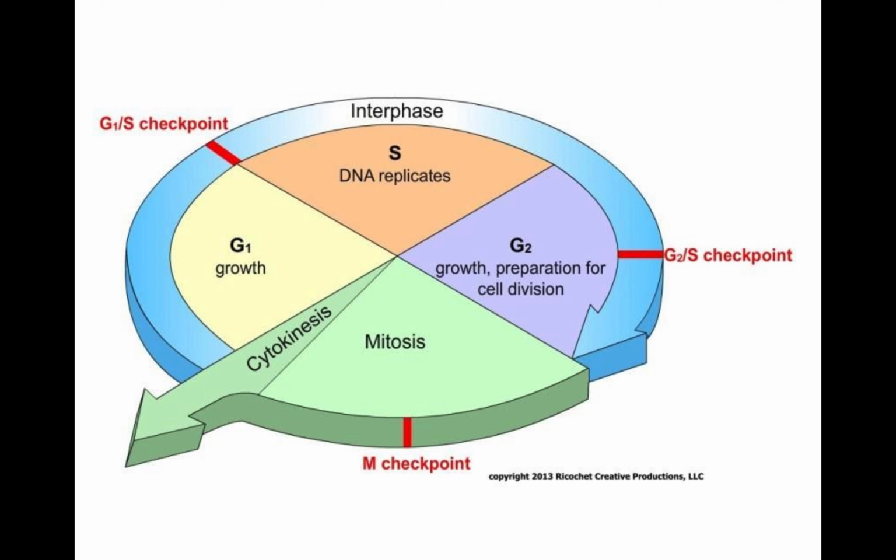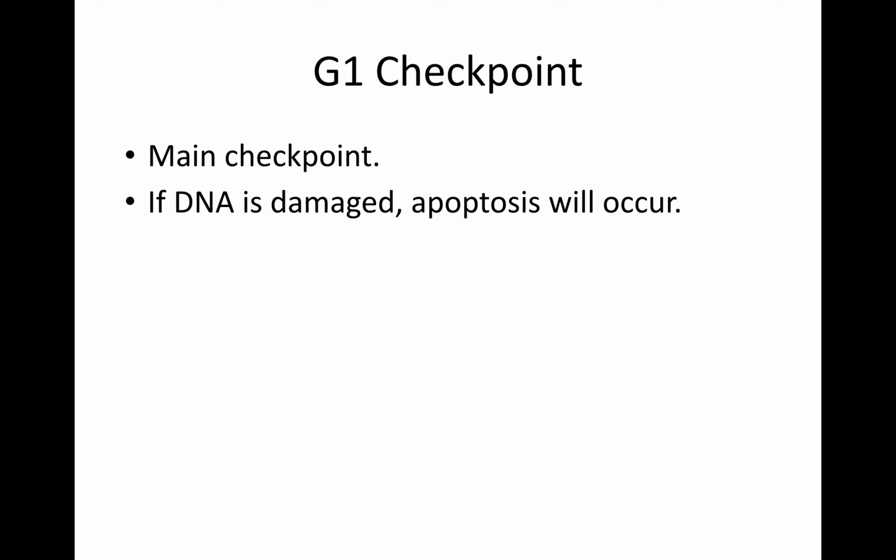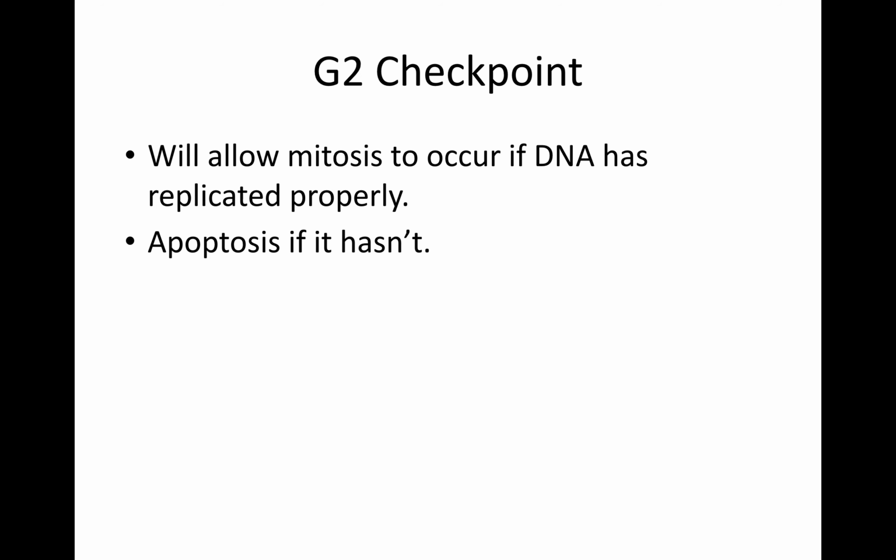And we get to G2. Remember in S, we have two sets of DNA. So guess what we have to check now? We have to check that we replicated it correctly, because you can make a ton of mistakes when you replicate something. So this G2 checkpoint makes sure that the DNA that you replicated is perfect.